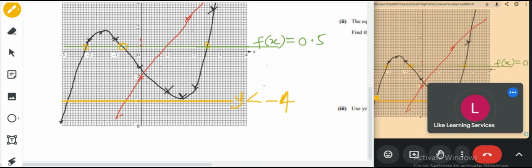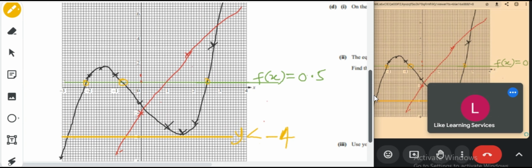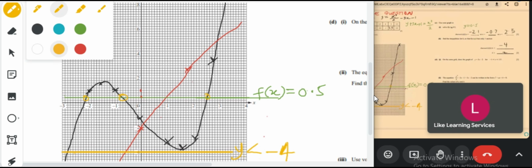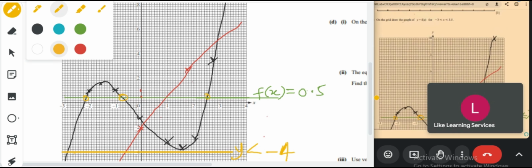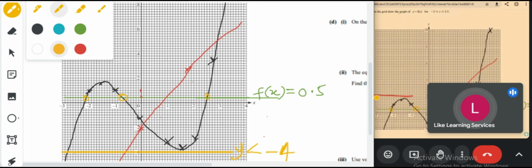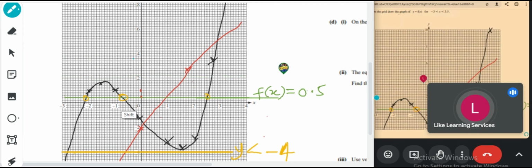Which other one? Yes, k is greater than 2. Okay, we can use that. It's 1.5, and it's not exactly up to 2, but it's all right.